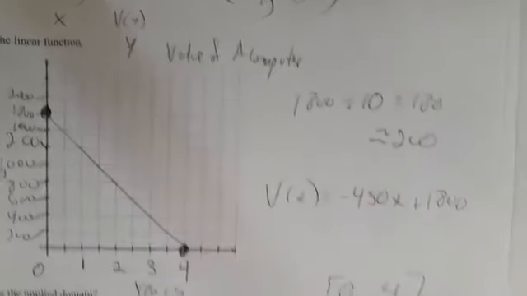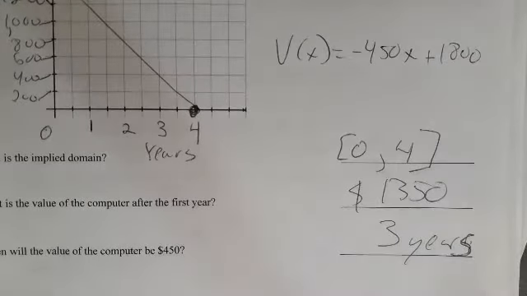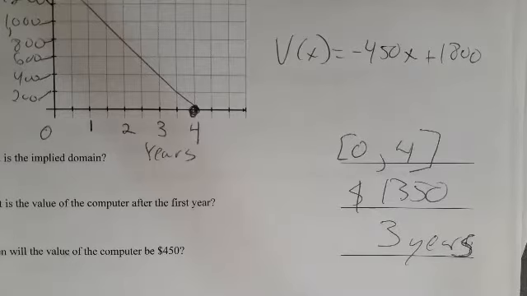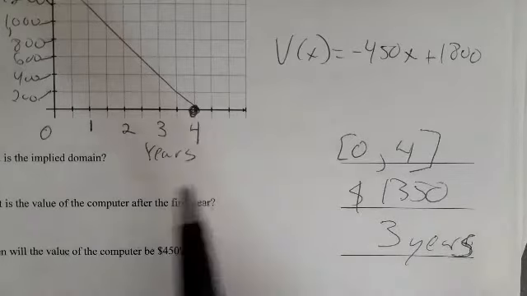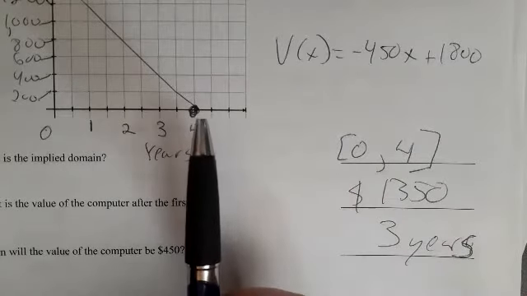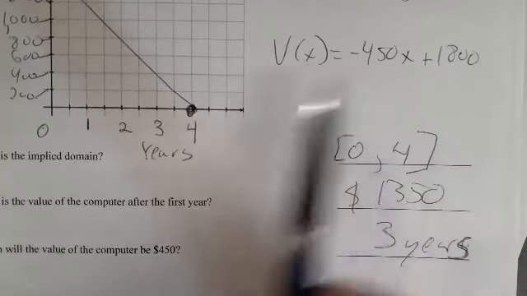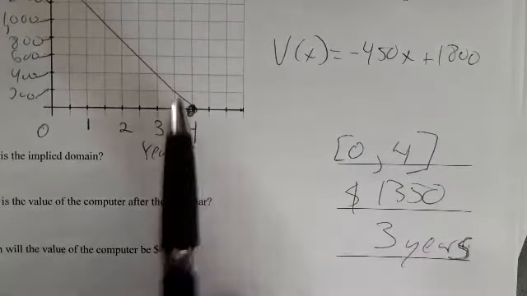That was the equation of this thing. If you think of when the value will be 450, there's kind of a cheap way to do it. After 4 years, it's going to be worth $0, and it's going down by 450 each year. So it'll be 1 year before it's worth $0.